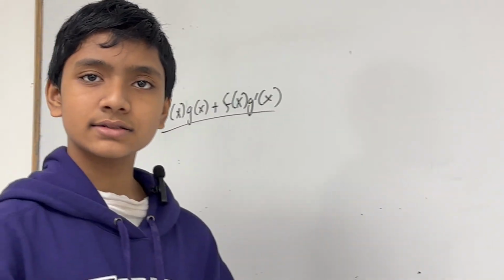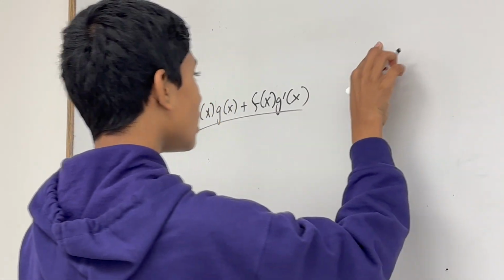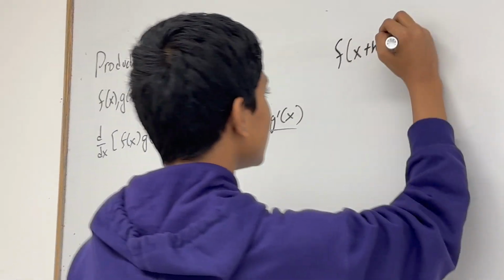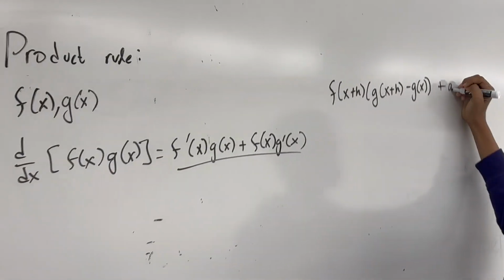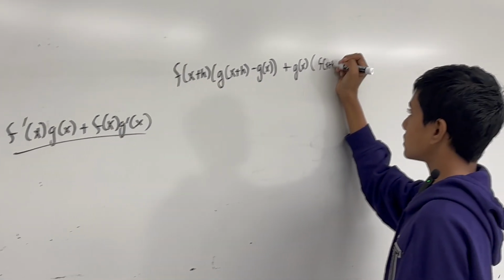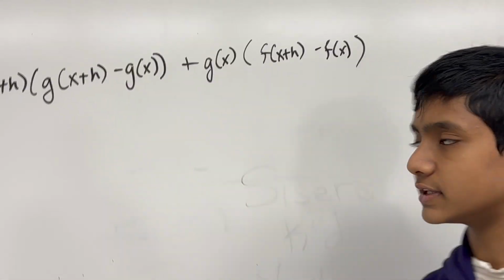Well, the key is all in one very nice factorization. So if we take f of x plus h times g of x plus h minus g of x, and then we have plus g of x times f of x plus h minus f of x, what is this equal to at the end of the day?